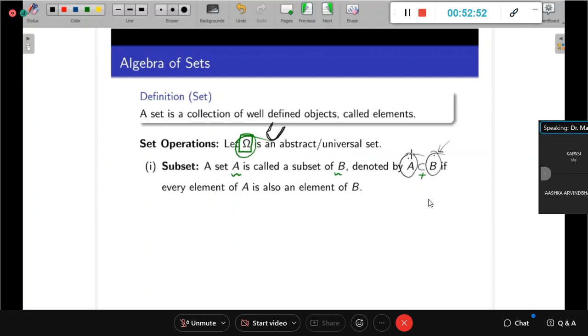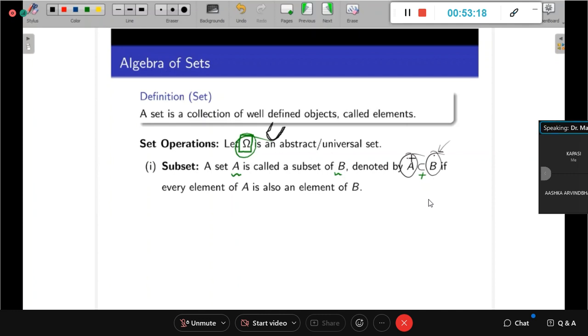Indeed, it's also a proper subset of the set of integers. In other words, you say B is a superset of A and so on.